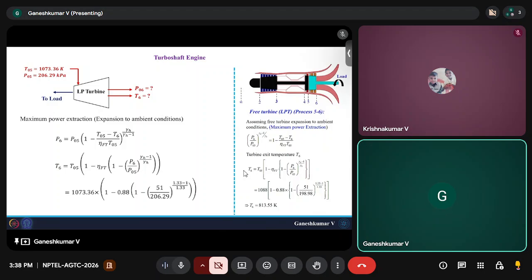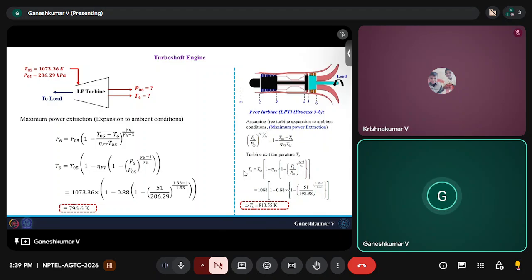We also included the isentropic efficiency in here, and this corresponds to a temperature of around 796.6 Kelvin. Since T05 is already lower, the temperature here is also expected to be lower, at around 796.6 Kelvin.